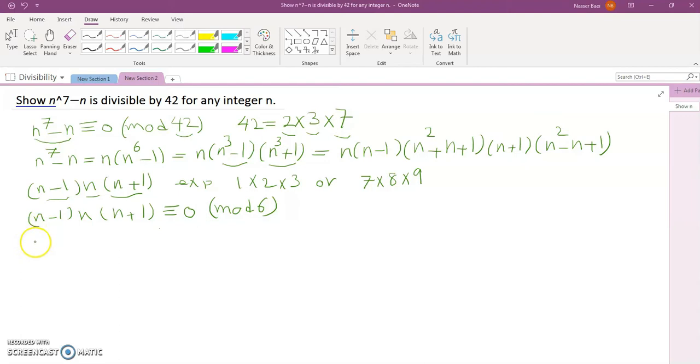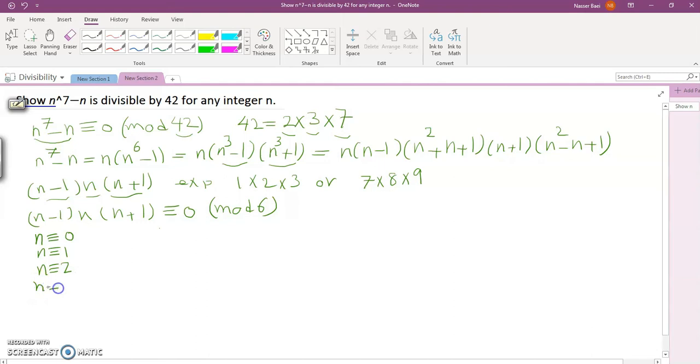Generally, for any integer number of n, in mod 7 we have 7 cases. So first of all, we will have n congruent to 0, next one will be 1, next one will be 2, and then 3, and then 4, and then 5, and finally we will have 6.